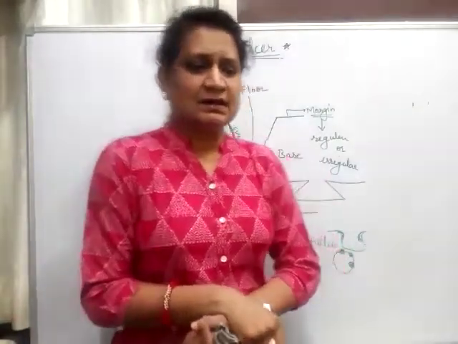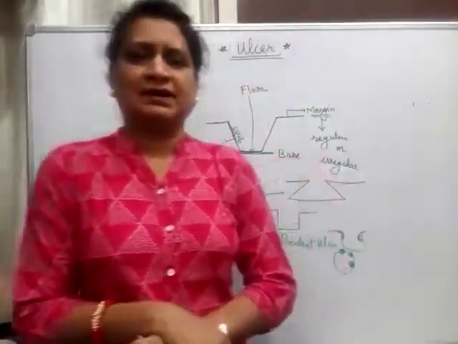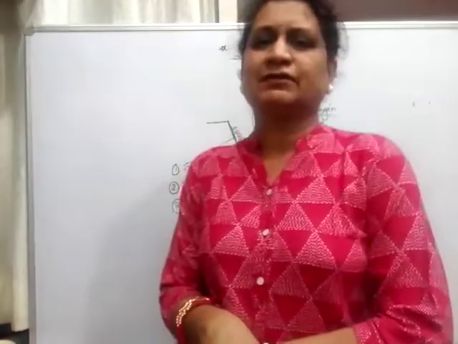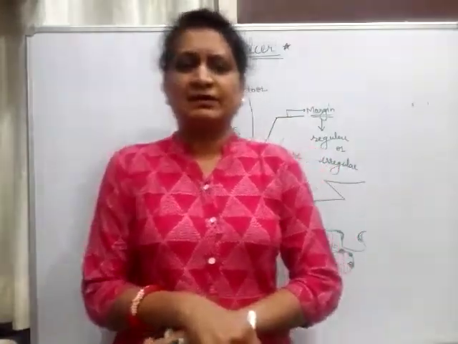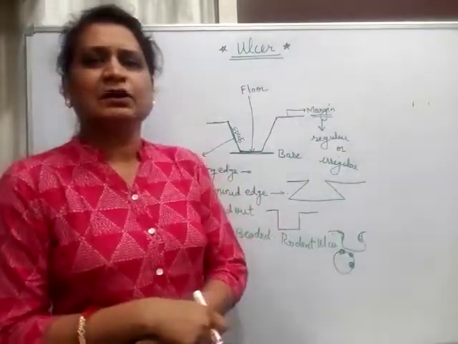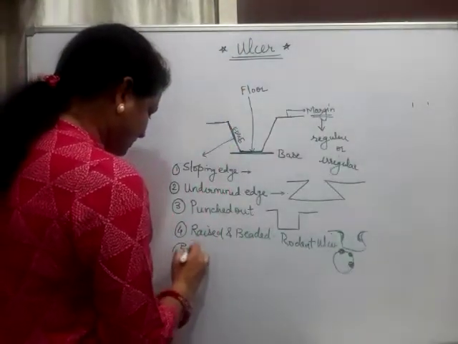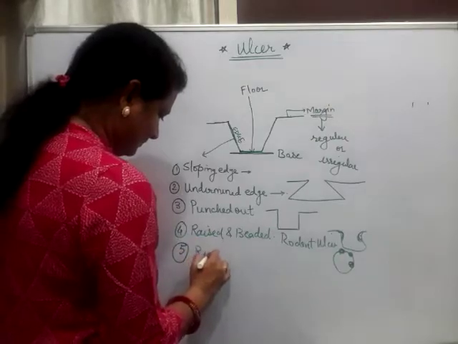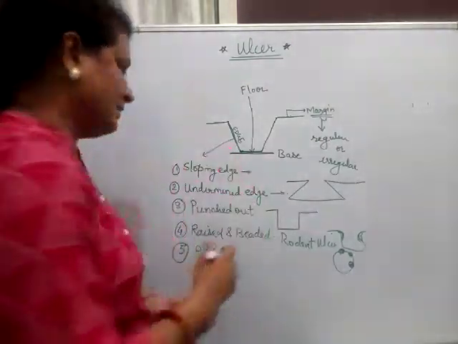And the last one is everted and rolled out edges, which are seen in cases of carcinomatous ulcers. Because of proliferation, the malignant cells come over the normal healthy skin. So that will be the fifth one, that is raised, rolled out and everted margins.